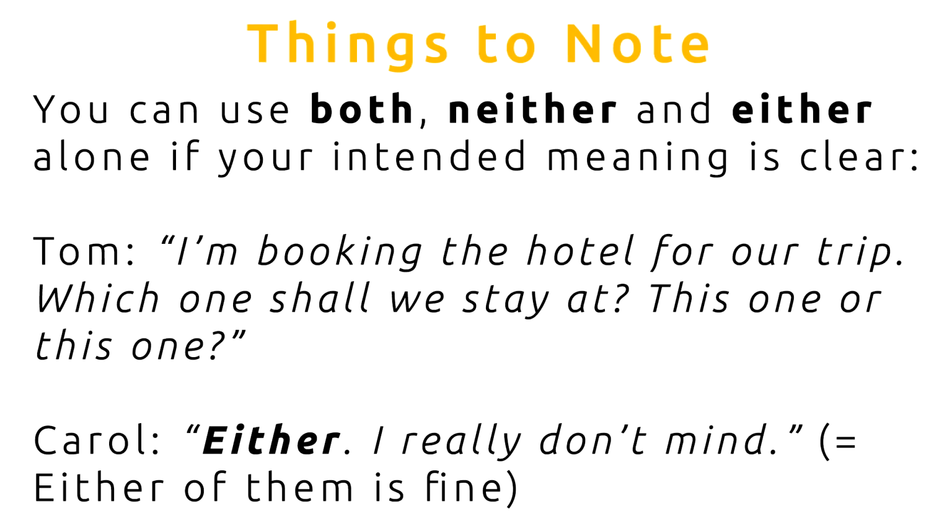She's trying to say, you can choose this one or this one. I don't mind. I will let you choose. Because remember, either is a choice between 2 things. So Carol is trying to say, you choose. I'm happy with either one.